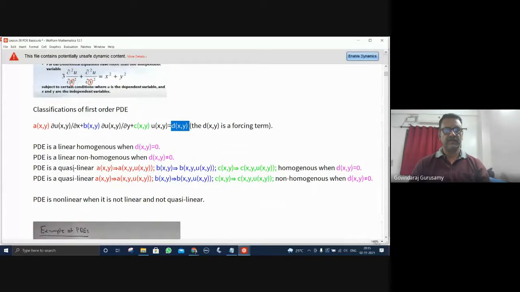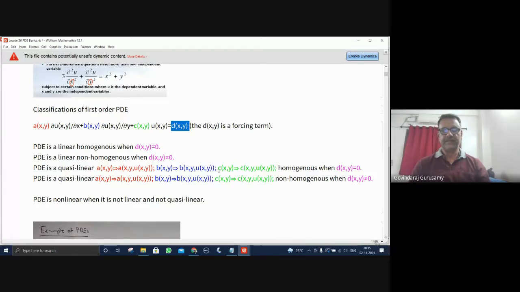Then the PDE is quasi-linear. You can see here a(x,y) is a function of not only x and y but also u(x,y). Similarly b(x,y,u(x,y)), and with c also, c can depend on x, y and u(x,y).